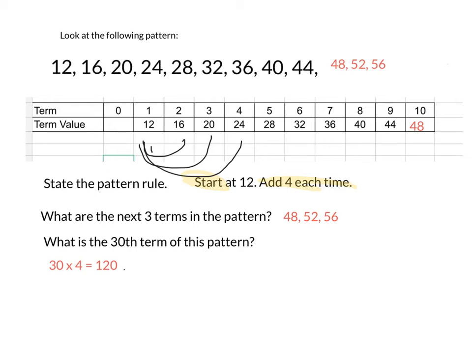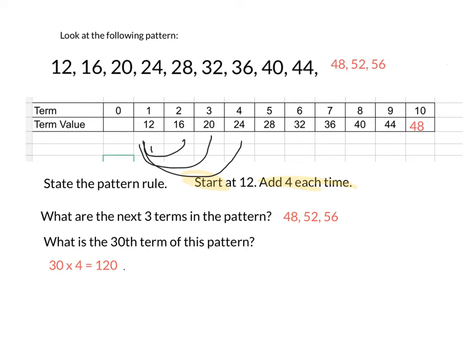This is the tricky part. So the next thing we need to do is add what the pattern would have started at if it started at term 0. Okay? Patterns don't start at term 0, they start at term 1. But we can create a term 0 by just going backwards.